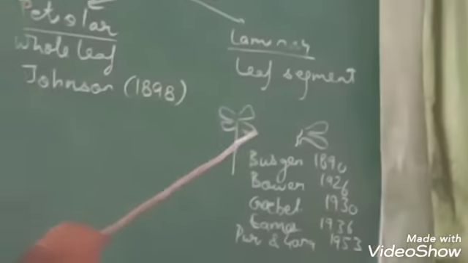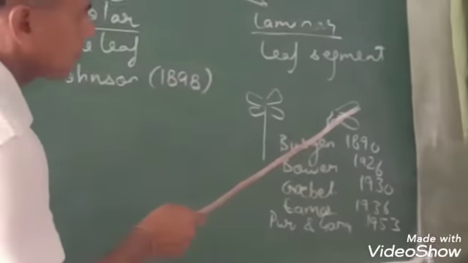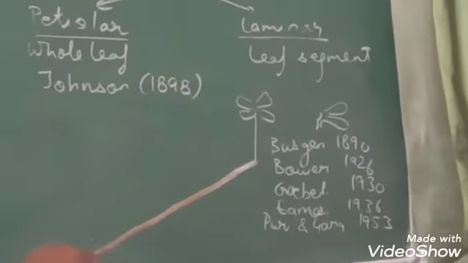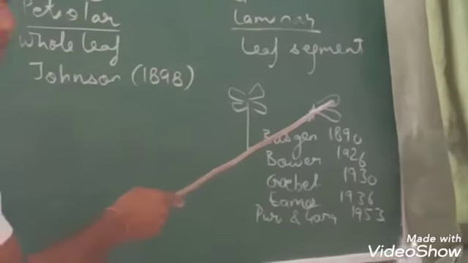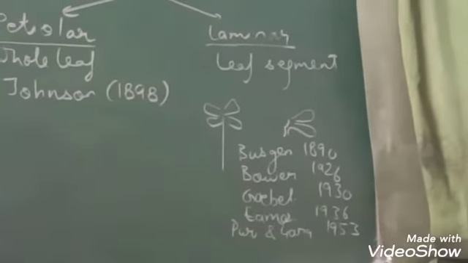While in the laminar or leaf segment interpretation, the Marsilea sporocarp is found to be homologous with a modified lateral segment of the leaf, which is comparable with the fertile parts of the sporophyll.